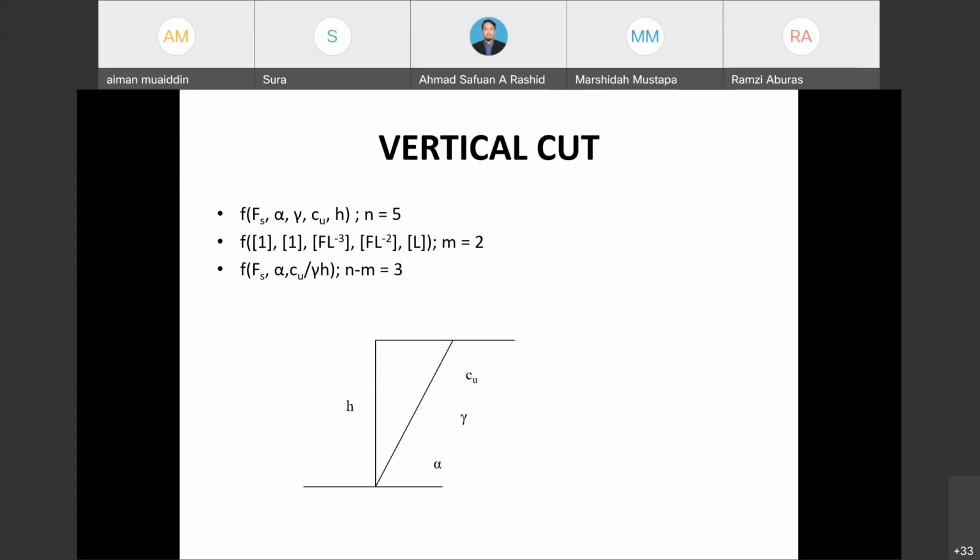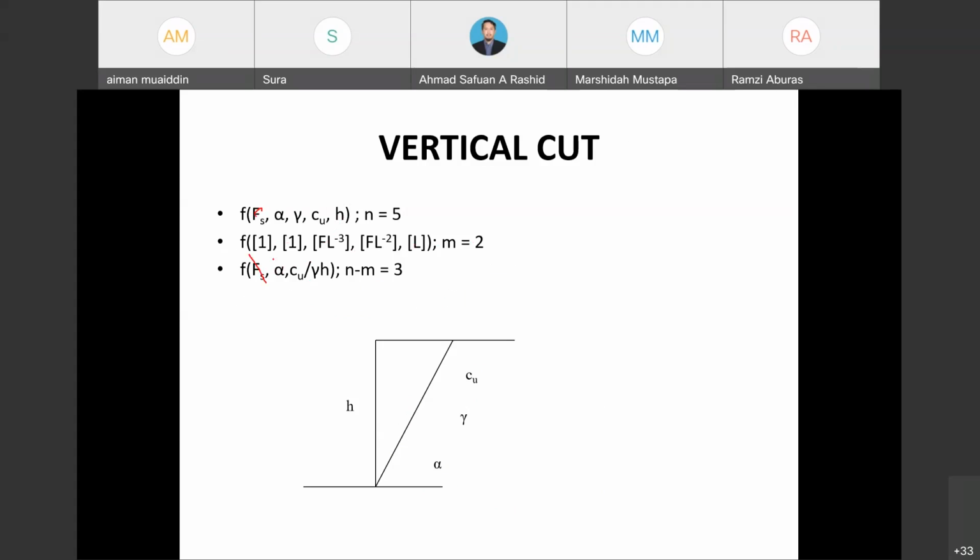And the last one is for the vertical cut. This is more related to slope, but we look at the vertical cut. We want to cut up to 90 degrees, and then look at the stability. So the factor of safety is the output, while the rest are the input. So we have 5 parameters. For each parameter, we identify the primary dimension. Then we have 2, so we need to create 3.